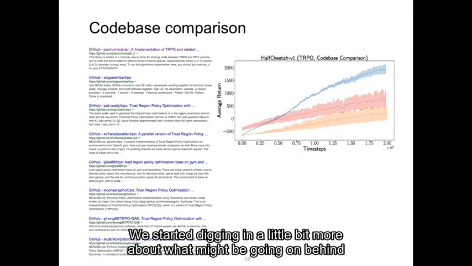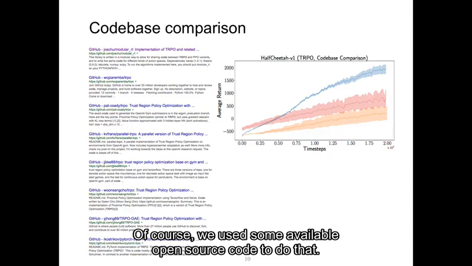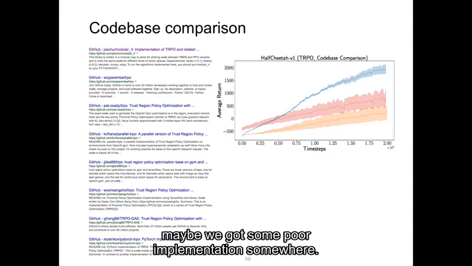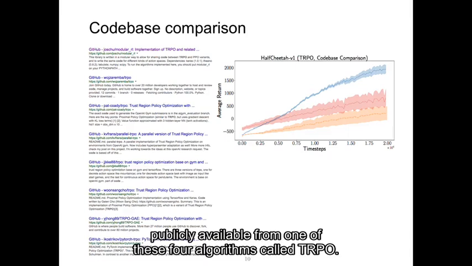We started digging a little bit more into what might be going on behind the scenes. We thought, well, we didn't implement these algorithms on our own. Of course, we used some available open source code to do that. So we thought maybe we didn't get the right source. Maybe we got some poor implementation somewhere. We started digging out different implementations. What I'm showing you in the plot is 3 different publicly available implementations of one of these 4 algorithms, called TRPO.